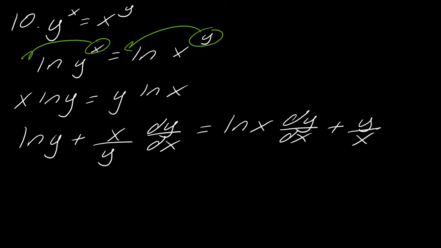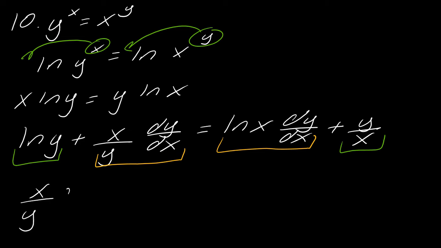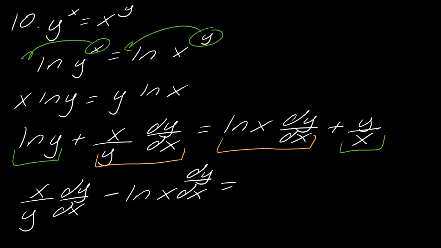And so now what I want to do is put these dy dx terms together on one side, and then put the other terms that don't have the dy dx together on another side. Okay, so I'm going to have now x over y dy dx minus the natural log of x dy dx, and this is going to equal y over x minus the natural log of y.